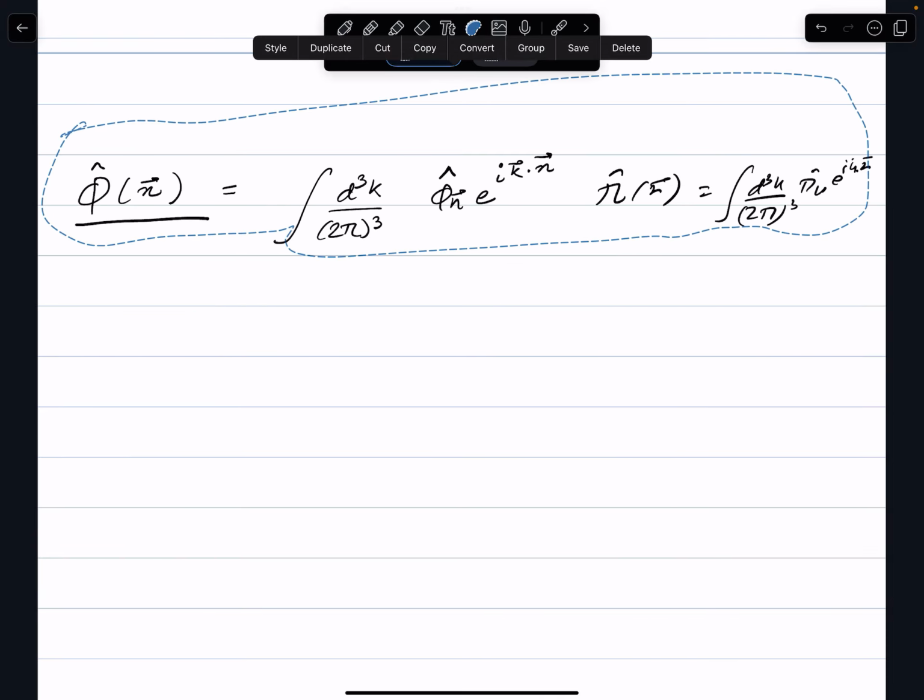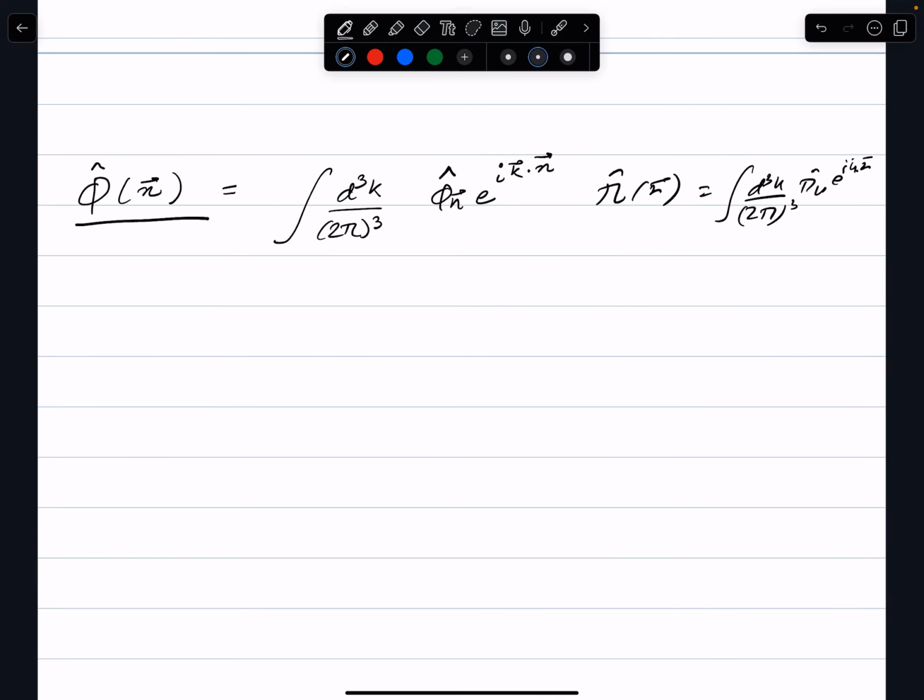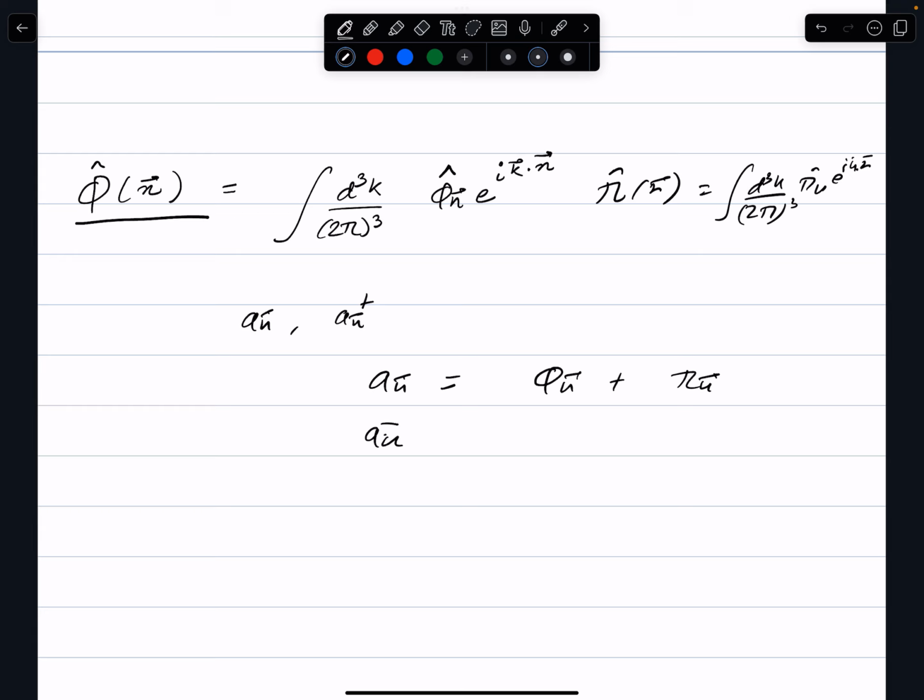This is phi and pi, and then I say, okay, let me define two new operators, ak and ak dagger, which are some particular combination of this phi k and pi k. This is ak dagger. I'm not writing the exact thing, just something like phi k minus i pi k. At this point, these operators do not have any interpretation in terms of ladder operators so far.